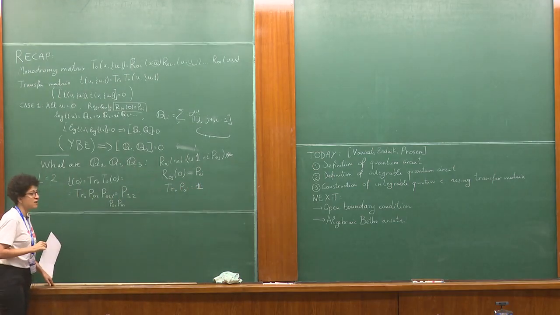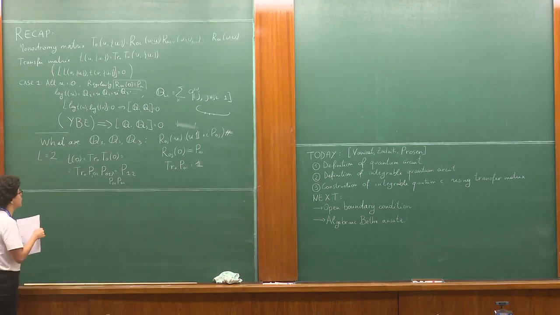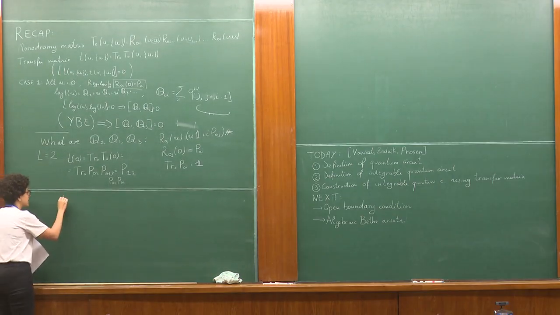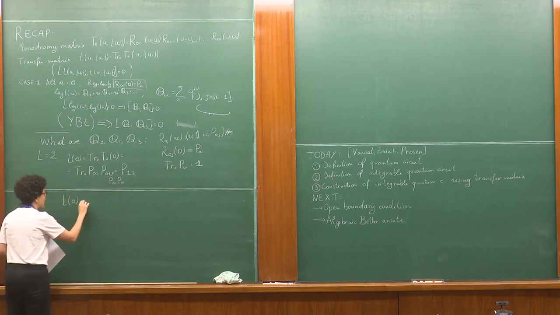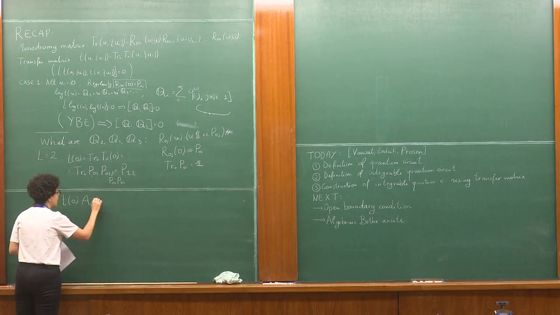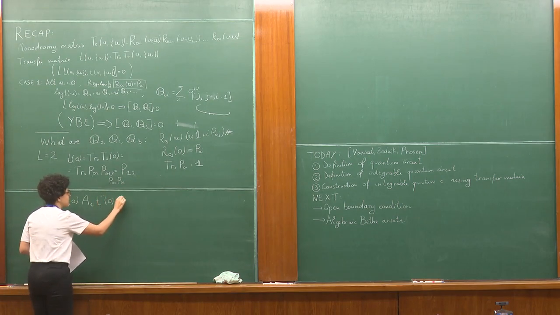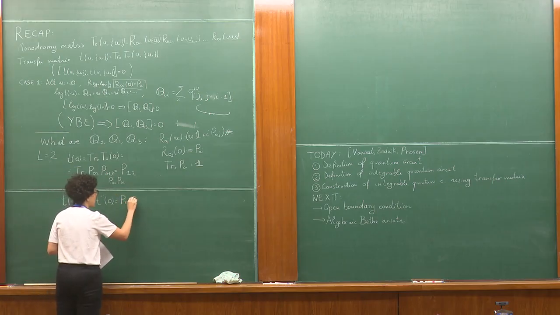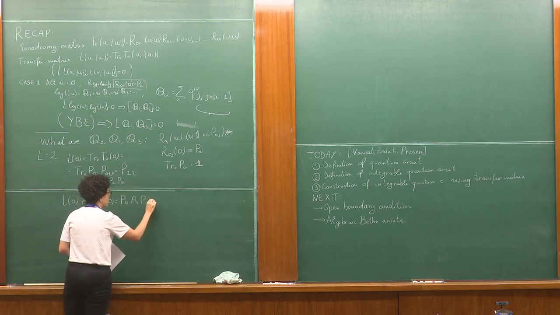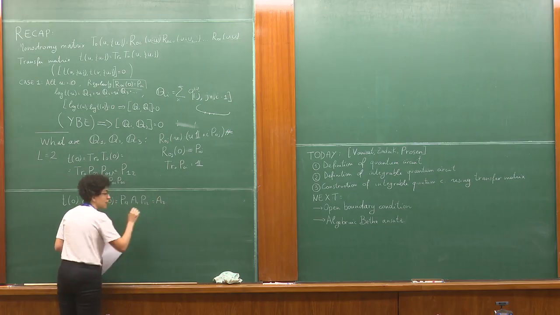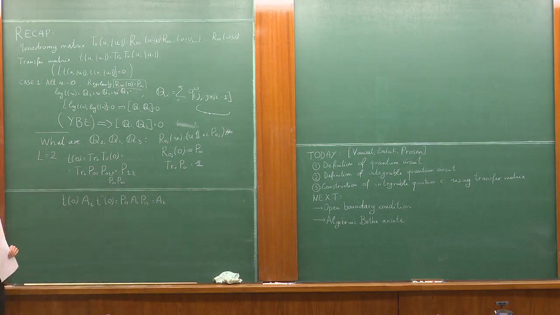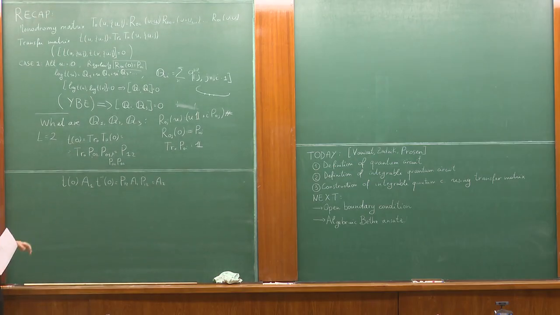So what is P12? This is basically the shift operator for length equal to 2. Because we have T at 0, then let's consider an operator A acting only on one site, and then we have T to the minus 1 at 0. But this is just P12 A1 P12, which is equal to A2. So we can get a feeling of what the transfer matrix at 0 is, because it is just the translational operator.